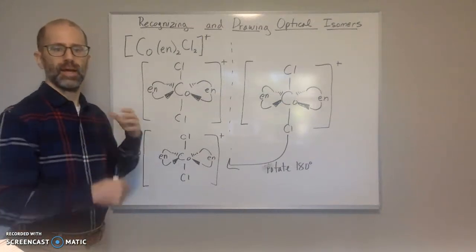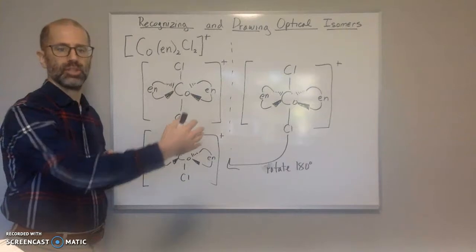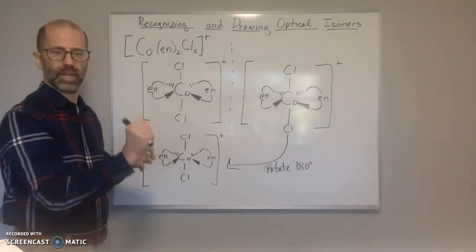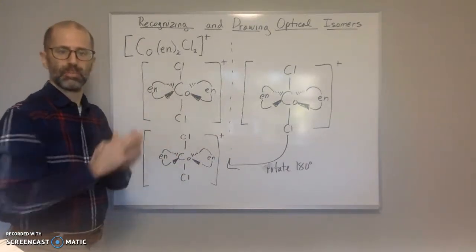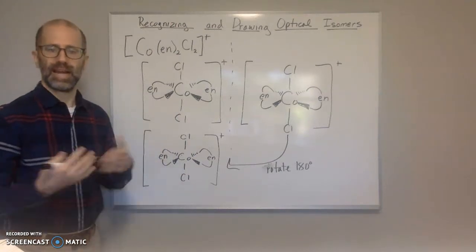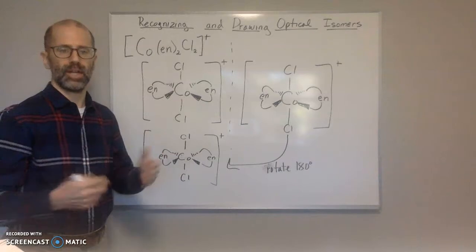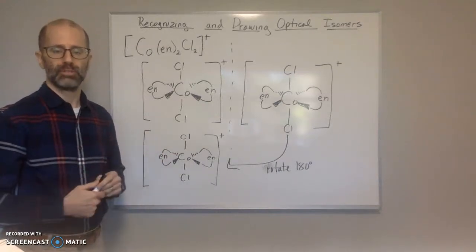So if you take the drawing and you take its mirror image, if you can rotate it 180 degrees and then superimpose it, then that means they're the exact same molecule, exact same complex. So there's no difference between the two. They're identical. They're not optical isomers.